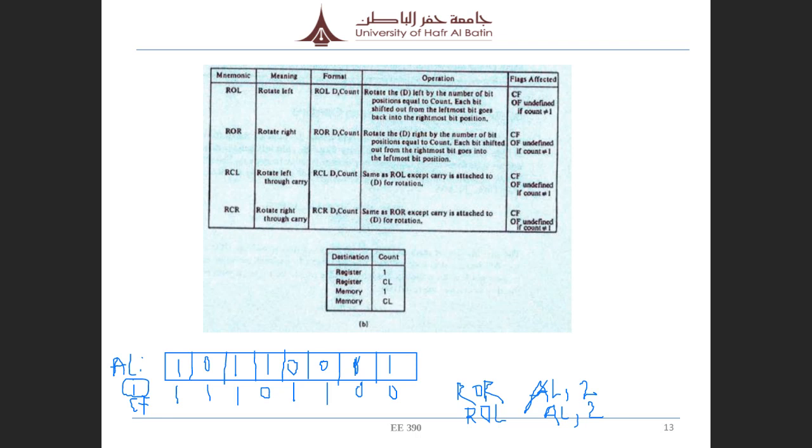So this 0, 1, 2 will come up here, then this 0, then this 1, then 1, then 0, and then 1. This one will go out first and then this one.